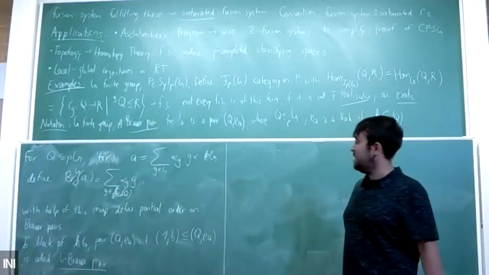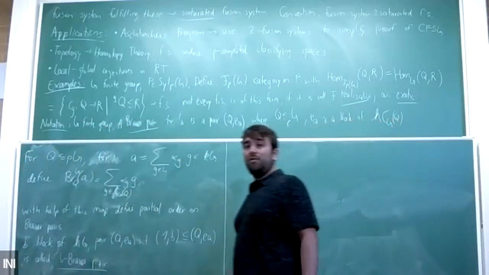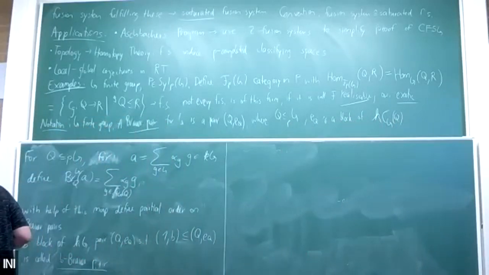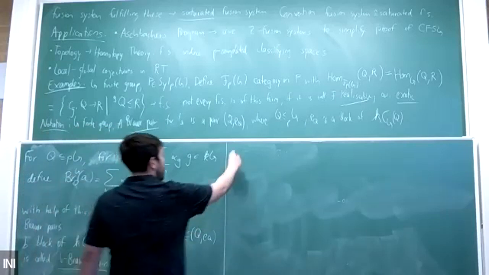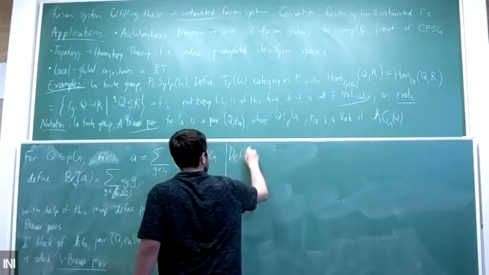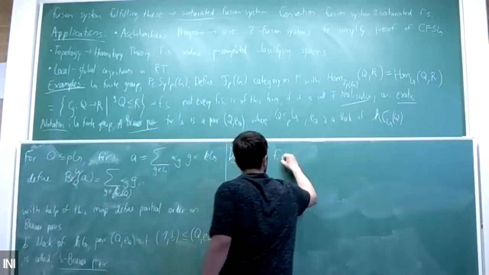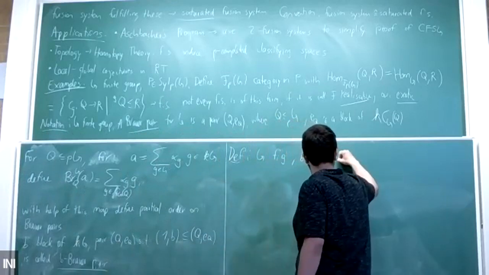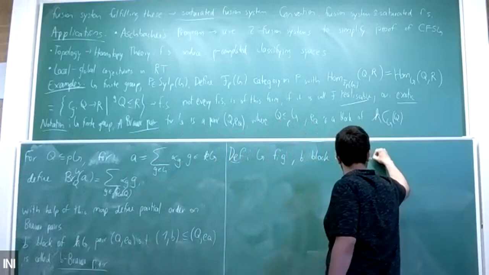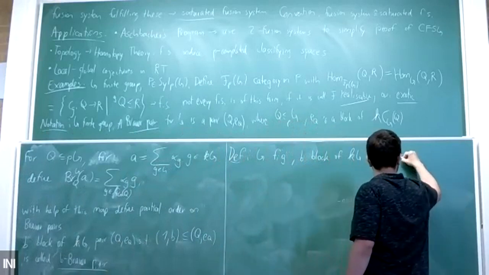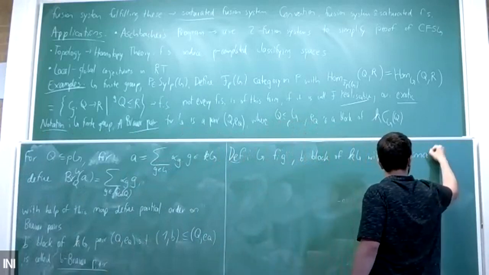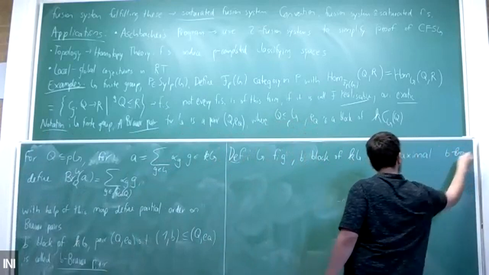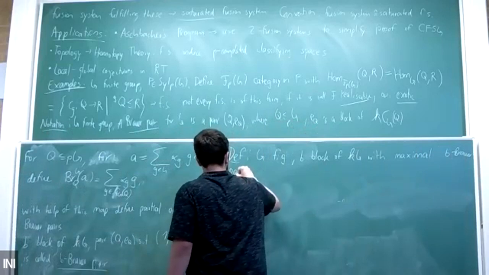So with this setup, we're ready to define fusion systems of blocks. So we take G again, a finite group, B a block of KG with maximal B-Brauer pair (P, e_P).